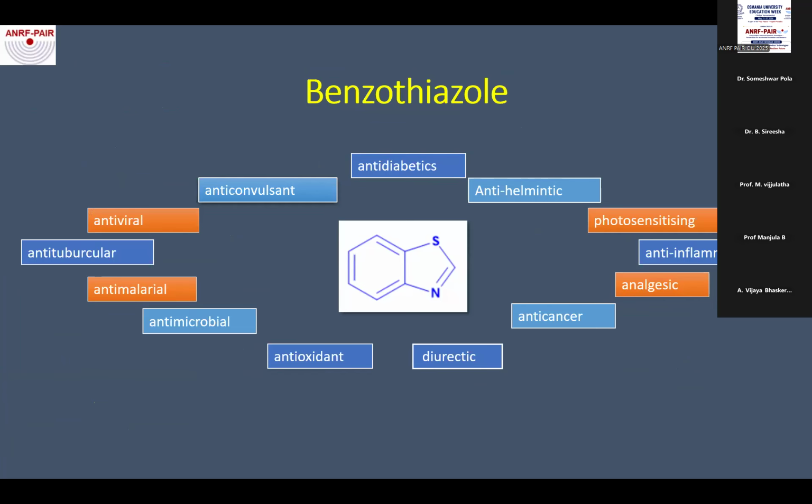Here we have chosen the heterocyclic moiety benzothiazole, with a distinct pharmacological profile, including anti-tumor activity. The biological properties like antibacterial and anti-inflammatory activity are shown mostly when this benzothiazole moiety is substituted at the second position. Next slide, sir.